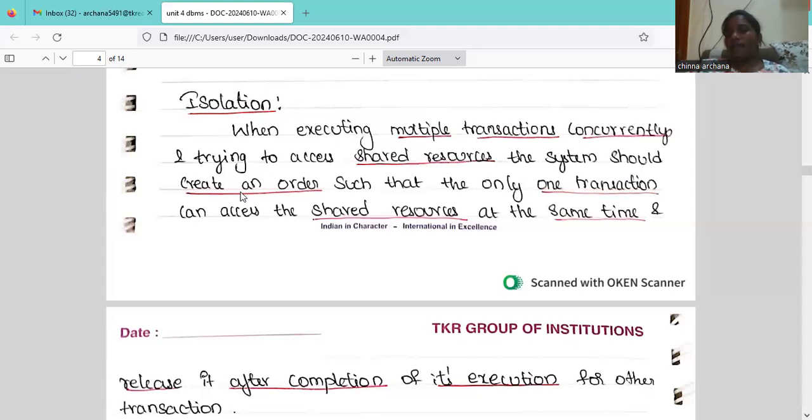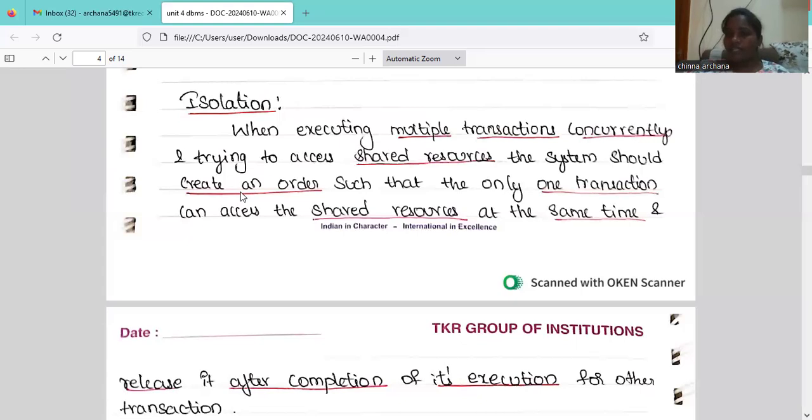If T3 performs next, the value becomes 3,000. Then lastly T1: 3,000 minus 1,000 becomes 2,000. So if the schedule is T2, T3 and T1, then the final value of X is 2,000.